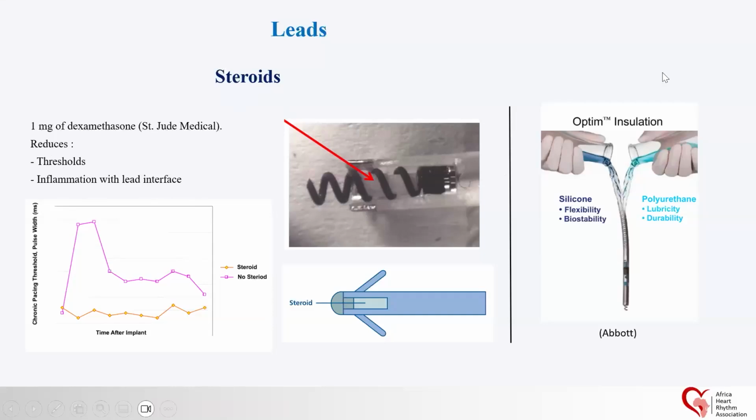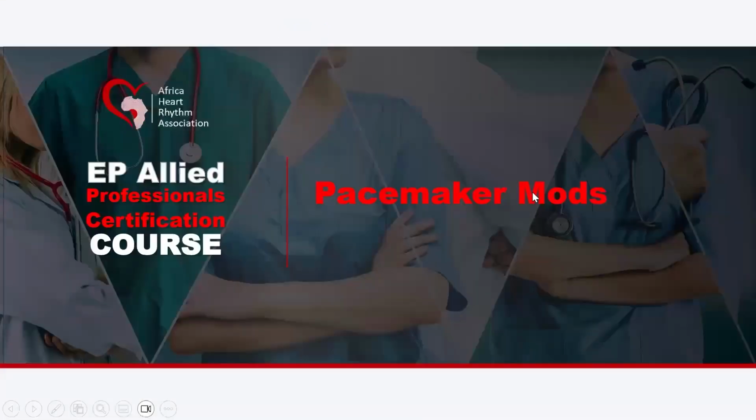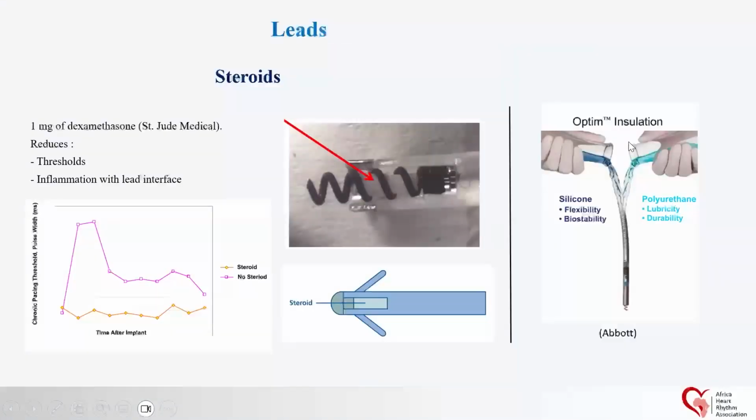So for Abbott leads, we use Optim insulation. Optim insulation is a mix of silicone and polyurethane. That means the lead is more flexible and more durable. That also means good function of the lead, and we will have a good value of impedance. The lead is about 6 French.